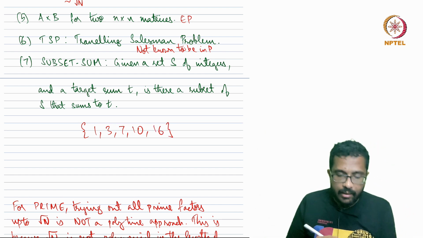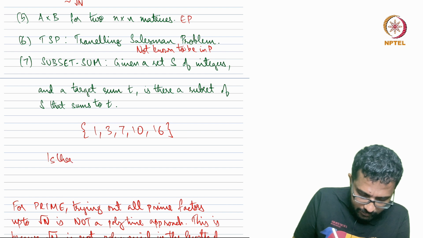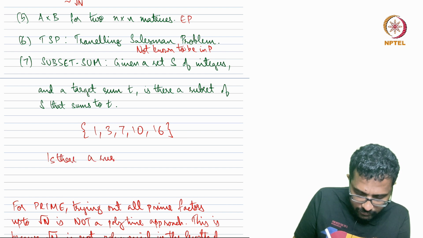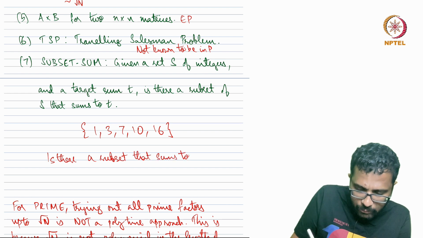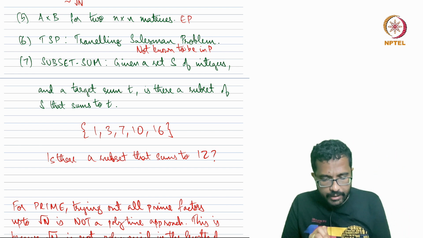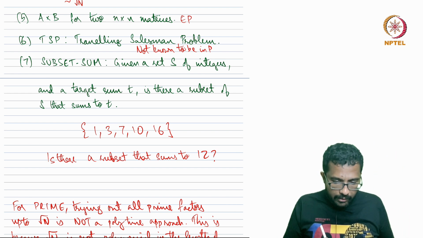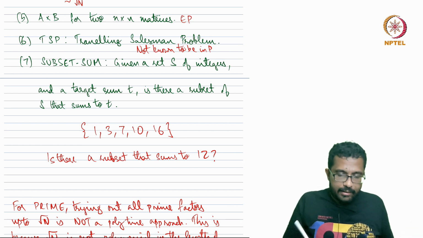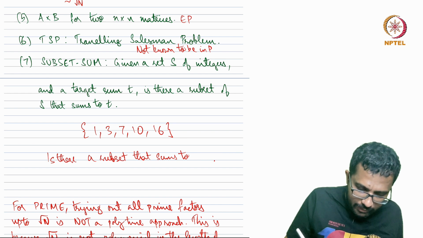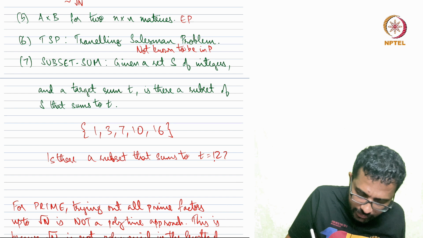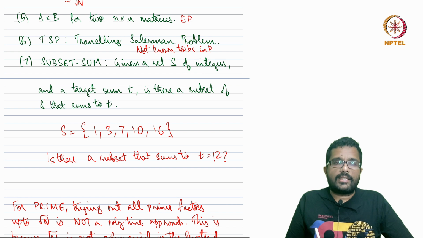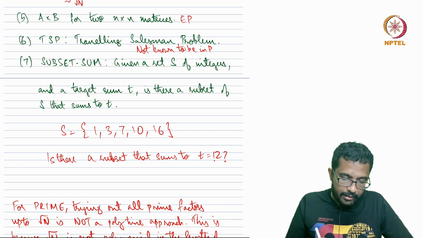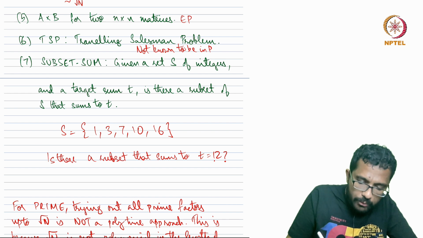Now I am asking, is there a subset that sums to 12? I think the answer is no, but the question is a subset that sums to 12. So maybe I'll just say T equal to 12. So given a set S and a target T, is there a subset of S that sums to T? That is the question. And surprisingly, this also is not known to be in P.